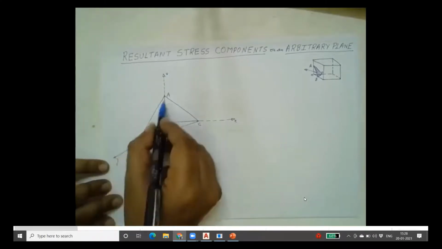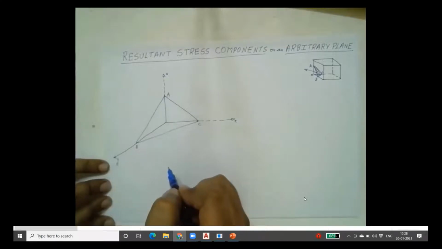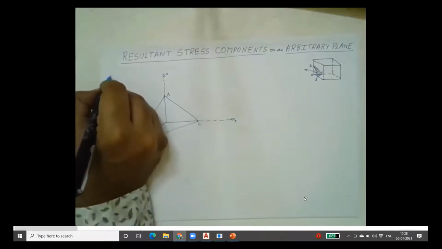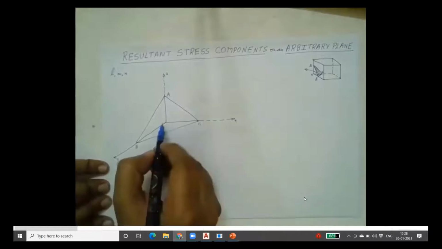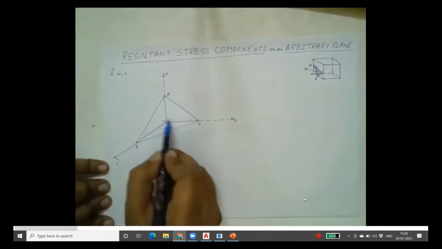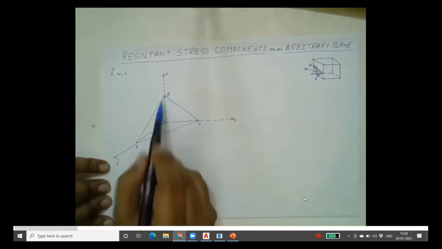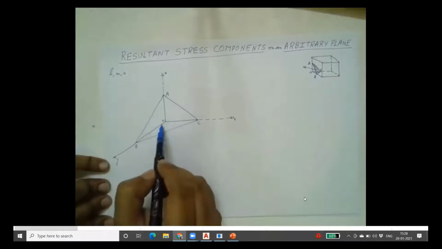Now here plane ABC. In this plane ABC, we will be considering three direction cosines L, M and N. These direction cosines are normal to the planes x, y, z. X plane is AOB, y plane is AOC, and this is z axis perpendicular to that. BOC is the z plane.